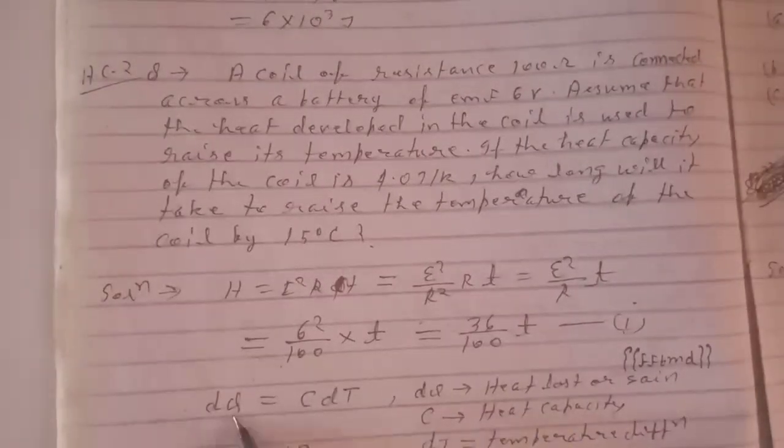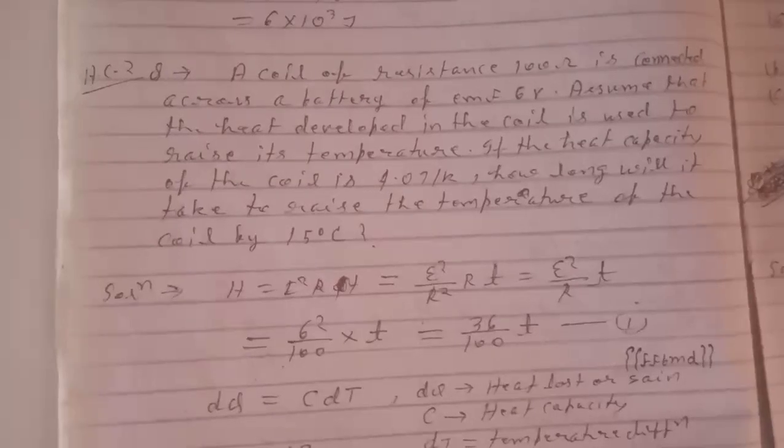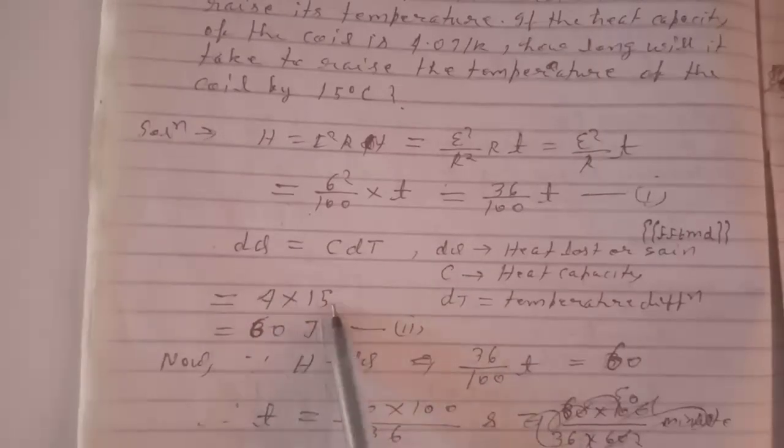Now we know that dQ equals C dT, where dQ is the heat lost or gained, C is the heat capacity of the coil or any body, and dT is the temperature difference. So dQ is 4 into 15, because the temperature is changed by 15 degrees Celsius, so 60 joule.